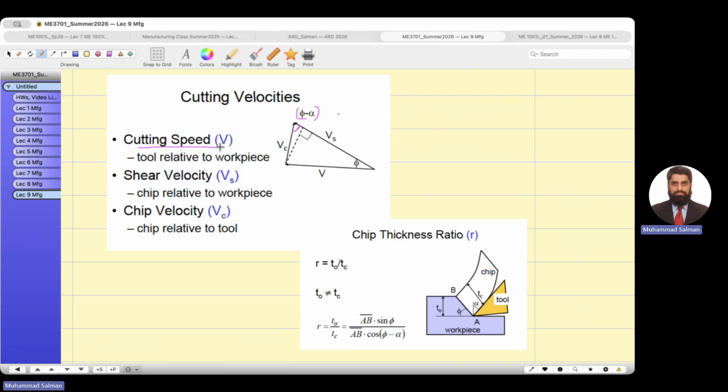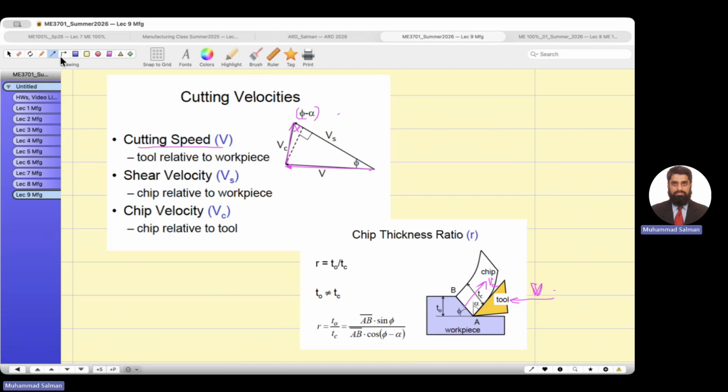The tool is moving forward with a cutting speed, V. And VC is the velocity of the chip. The chip is going upward on the rake face of the tool. So VC is this vector, and this vector is the tool moving forward. Agreed?